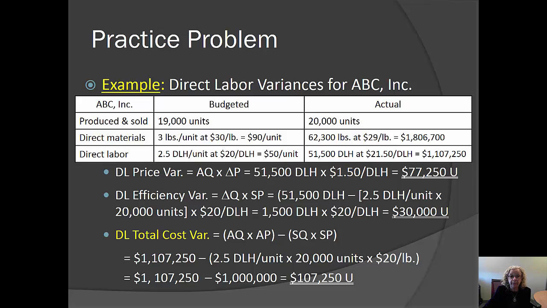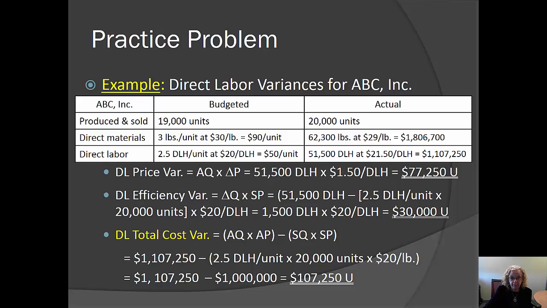So what's this telling us? It says that we paid more per labor hour than we expected, and it tells us that we used more labor hours than we expected. And then we can think about why that happened.